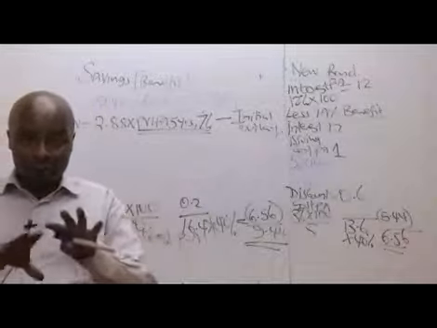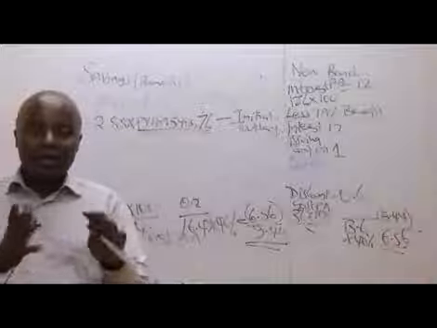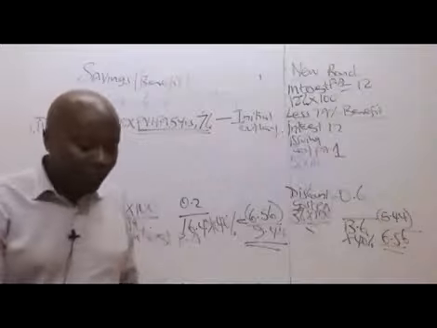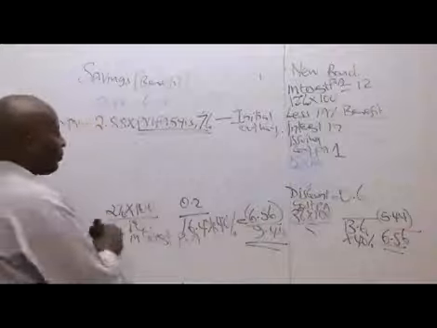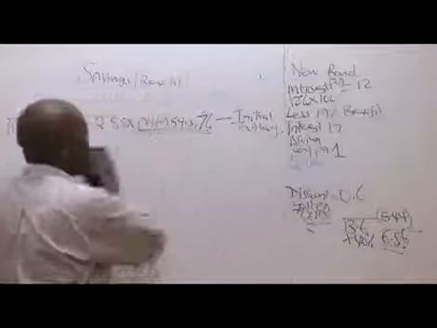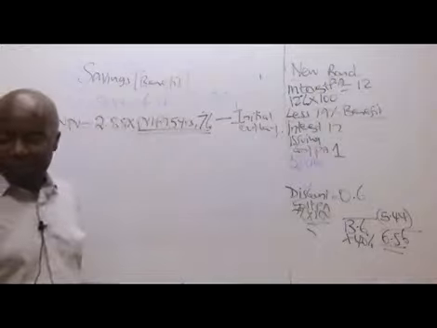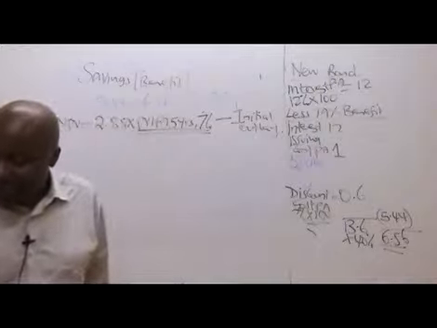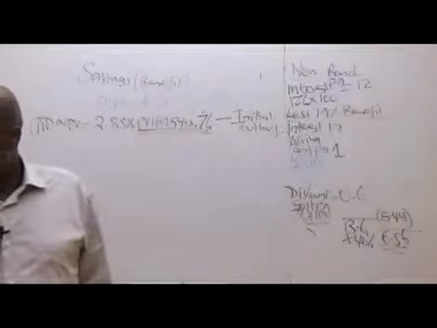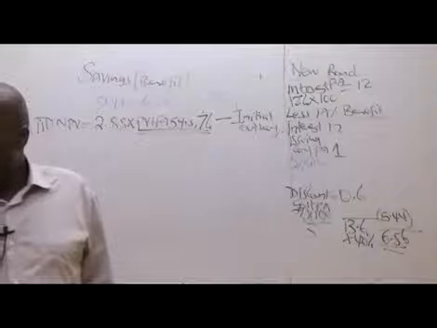First of all, does the present value interest factor of an annuity table have 7%? It does. I'm being given 4.1002.